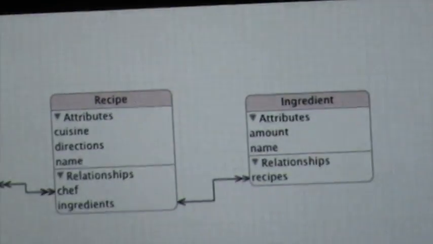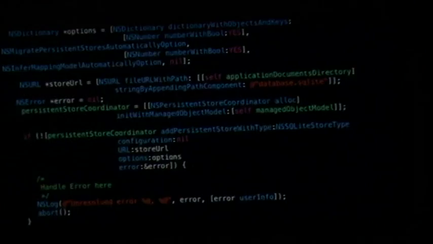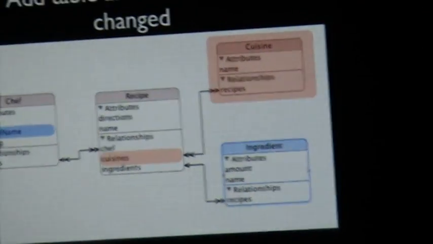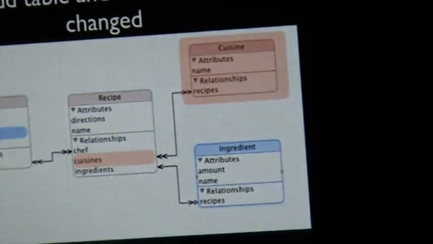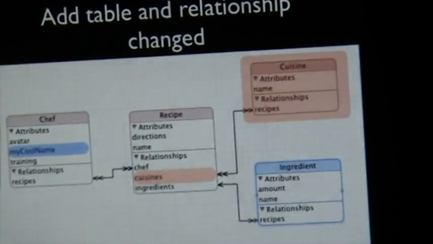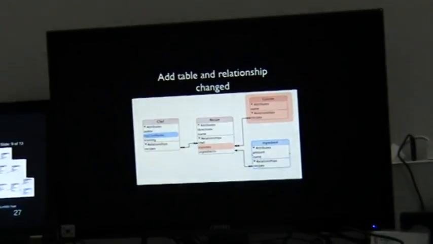Earlier we just added an avatar and renamed a field. What if we add one more table or entity and have more relationships like this? We have to do something manual, or not really manual, but we have to add one more thing called a mapping model.